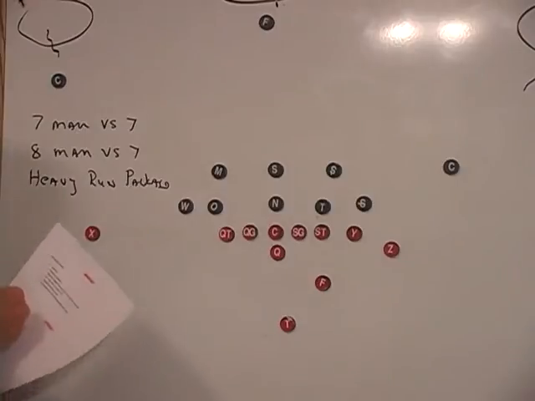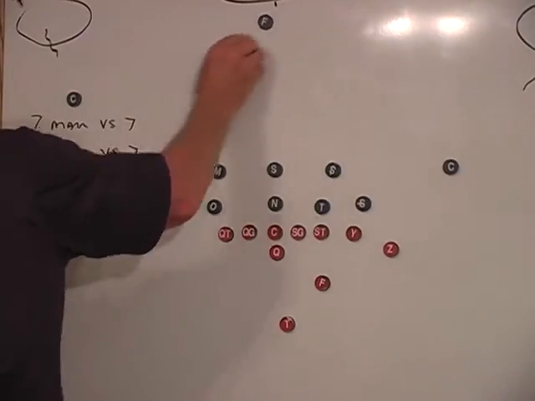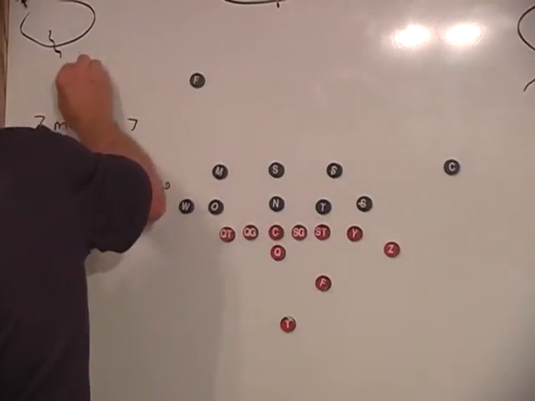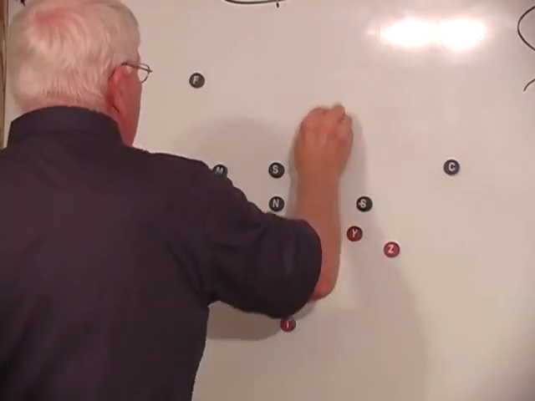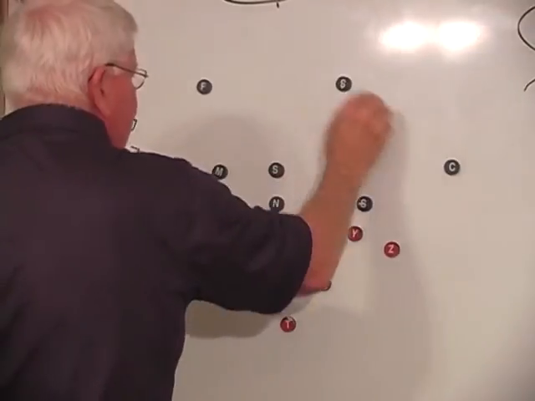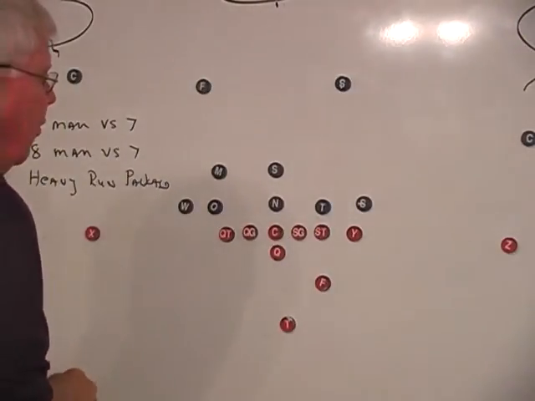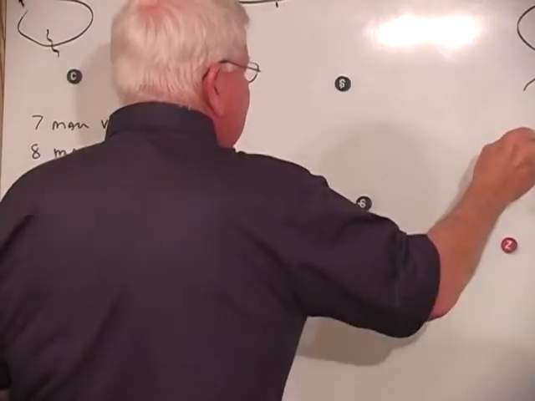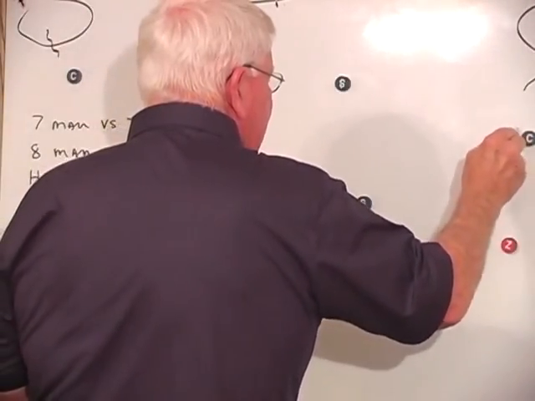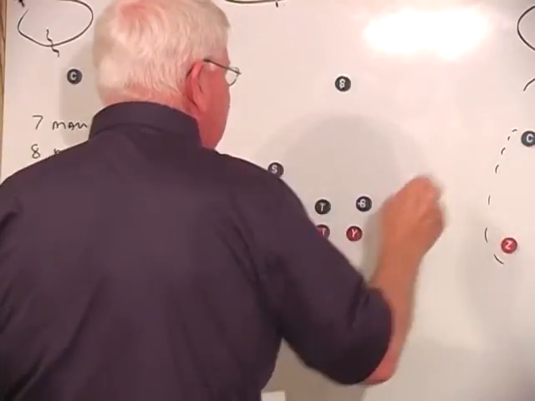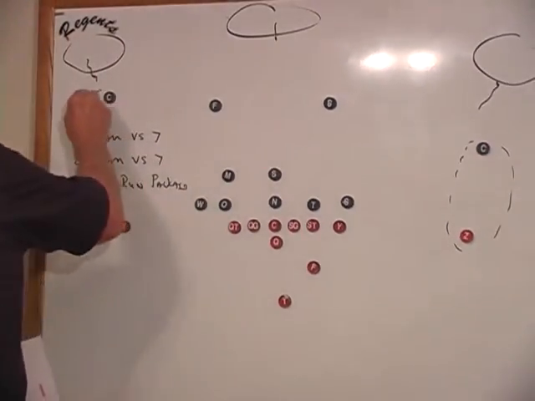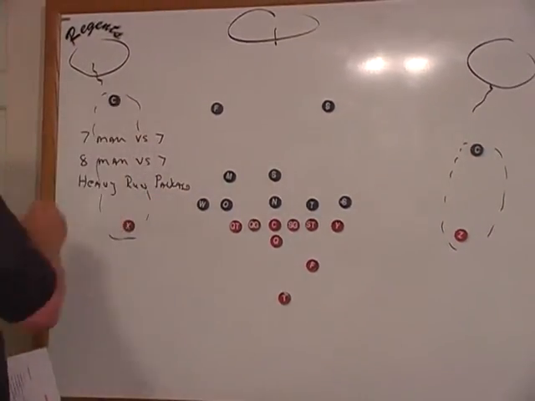The way that works is, the first thing, let's look at what we call a flat 4. Now, on the flat 4, in essence, this guy here is kind of locked up on this guy, and this guy is kind of locked up on this guy.